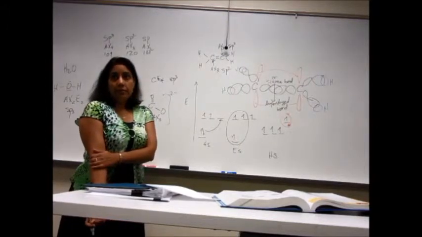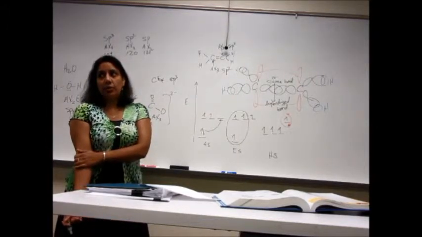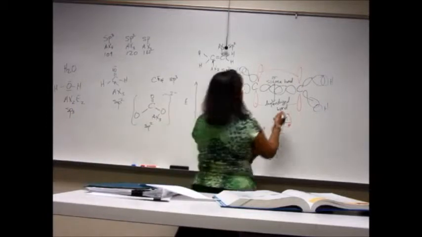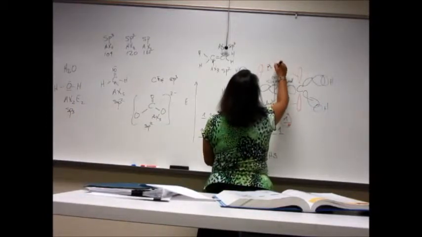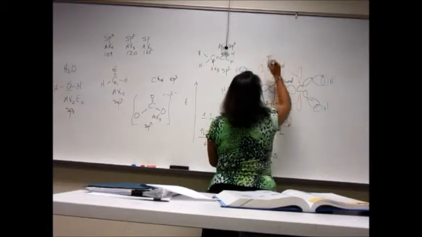The red one, which is the unhybridized p orbital, is called the pi bond. Pi is the normal symbol that you know of.